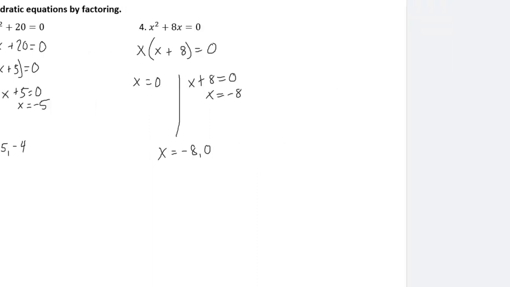All right, let's look at another example. So in this one, we can see that it is difference of squares. So that's x plus 5, x minus 5. And so now we set each of those factors equal to 0. X plus 5 equals 0. X minus 5 equals 0.